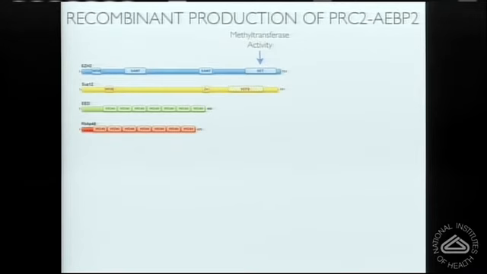This protein is very large, 751 amino acids, and contains other defined domains, including these 2 subdomains that are supposed to be important for the activity of the SET domain.